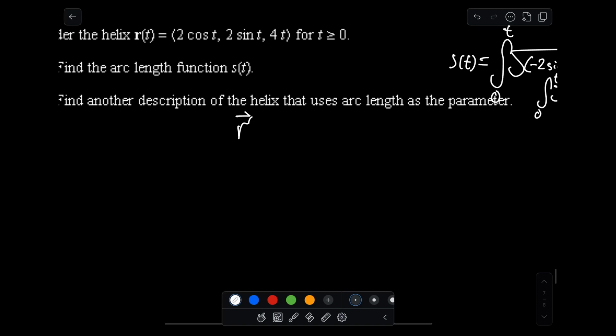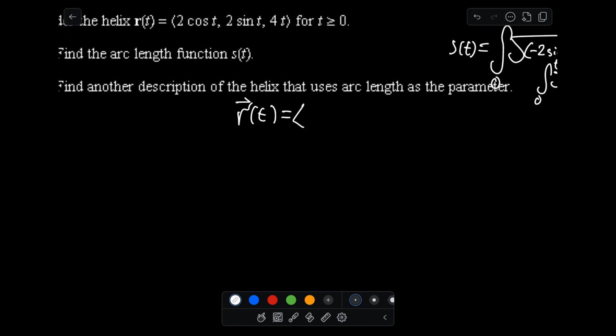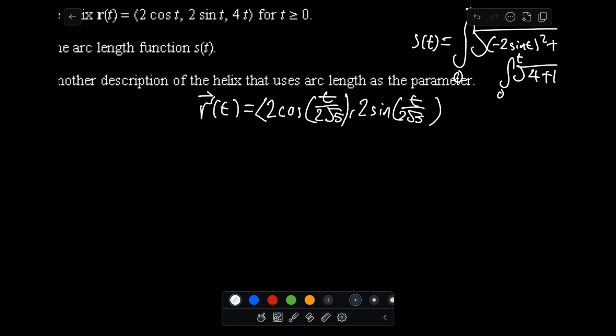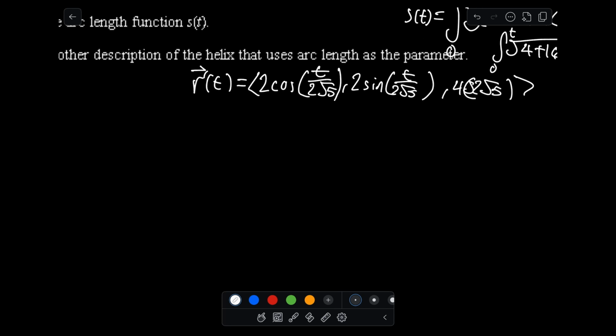We get r of t equal to 2 cosine of t over 2 root 5, 2 sine of t over 2 root 5, 4 times t over 2 root 5, or 8 root 5. And this should be in terms of t right here. Let me just fix that.